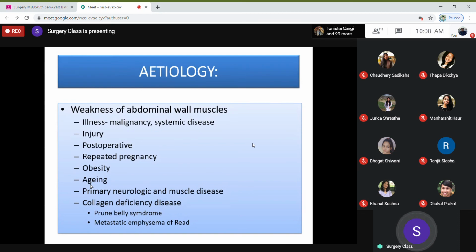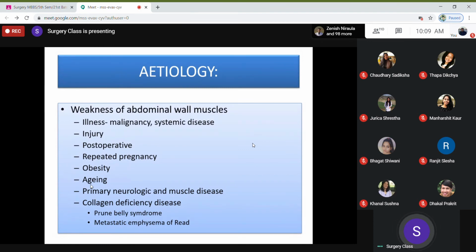Like injury, a blow, or surgery, what happens? That area becomes avascular and less nerve sensitive, so it becomes weak and they protrude out. And repeated pregnancy, you have seen that, especially ladies with repeated, fast pregnancies, their abdomen becomes so stretched and lax, the muscles get weak and they develop hernias. Obesity is the same.